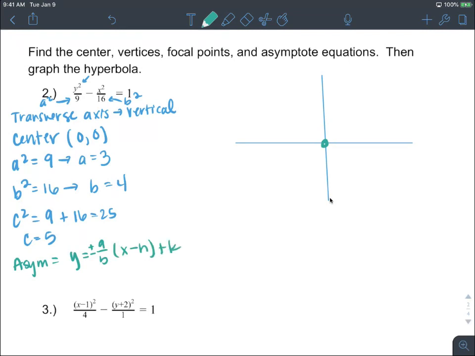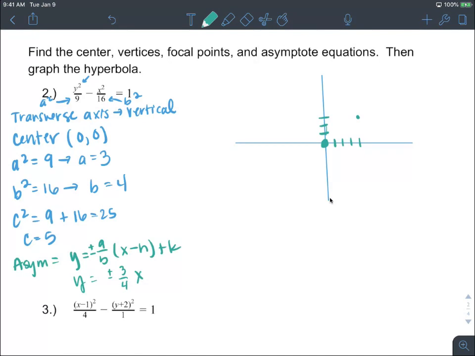So for us, that's going to be y equals plus or minus 3 over 4 x, because my h and k are 0. So in point-slope form, I'm going to start at 0, and then I'm going to go up 3, and to the right 4. So a slope of 3 over 4.